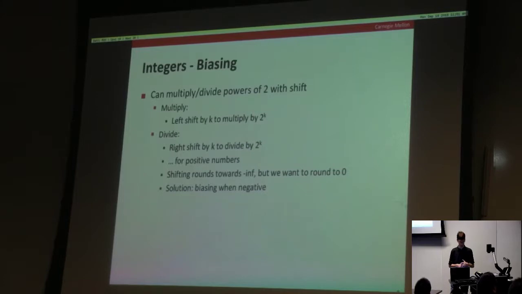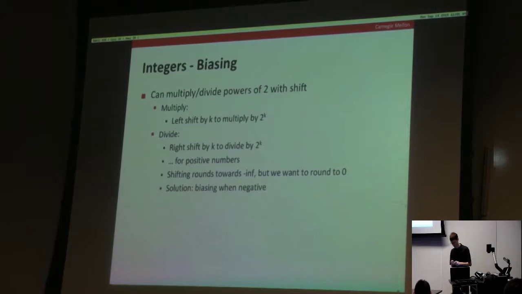A couple of the interesting things we can do with integers is use bit shifts to simulate multiplying and dividing. Multiplying and dividing are pretty slow on the actual machine relative to the other arithmetic operations. But bit shifting is really fast because you're just moving things left and right. So if we want to multiply a number by a power of 2, we can just left shift by that many bits.